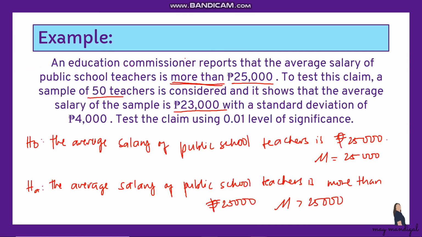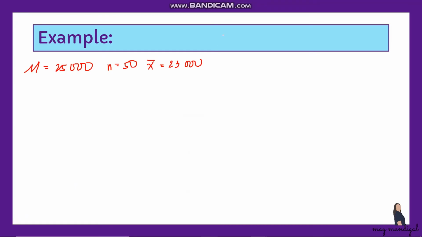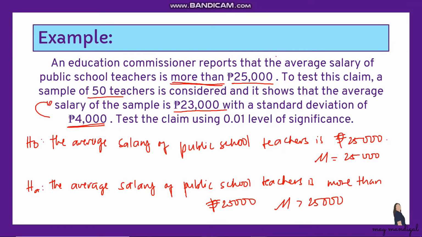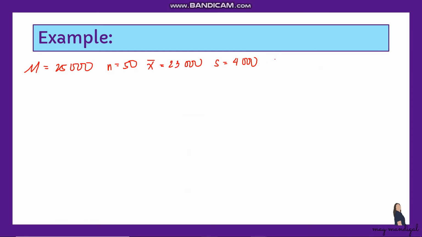And a standard deviation of 4,000 pertains to the sample, so that will be our sample standard deviation. And then include also our level of significance, which is 0.01. So alpha is equal to 0.01.